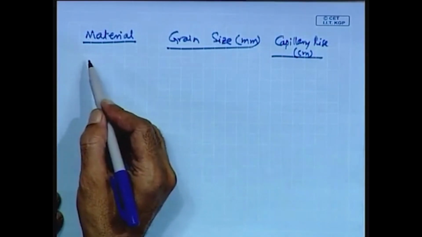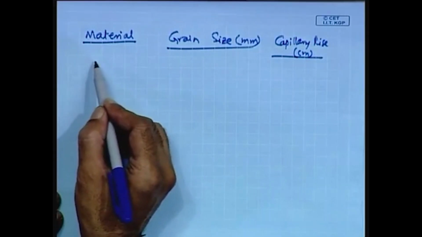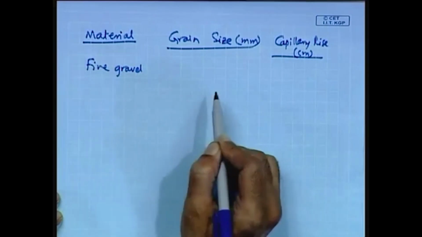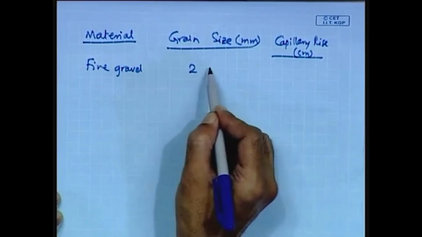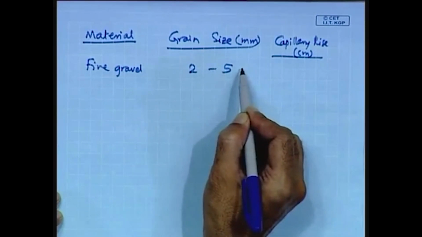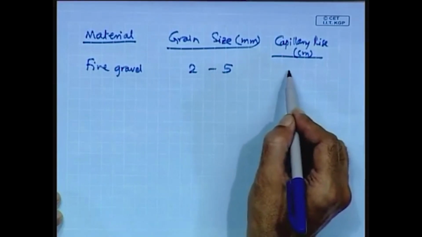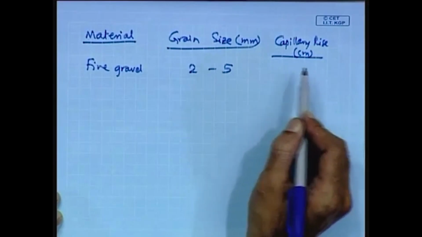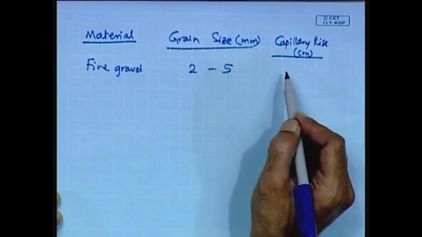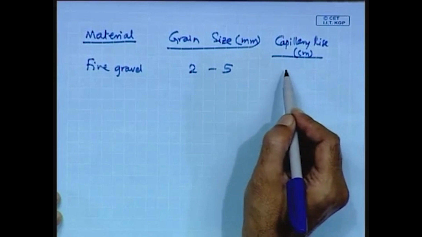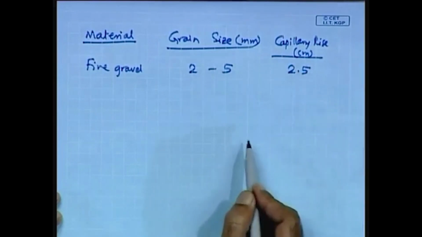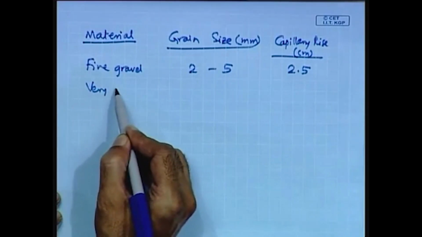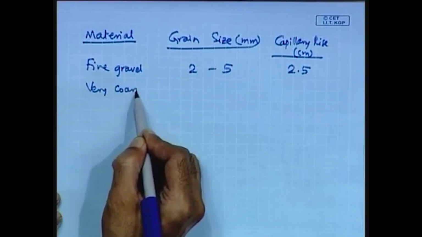On the coarsest one, we have fine gravel. The grain size is 2 to 5 millimeter, and because this is too large a grain size, the pore size is also too large. Therefore, the capillary rise is as small as 2.5 centimeter, followed by very coarse sand.